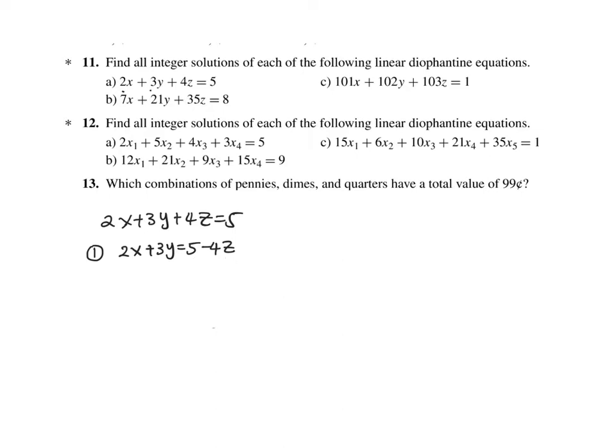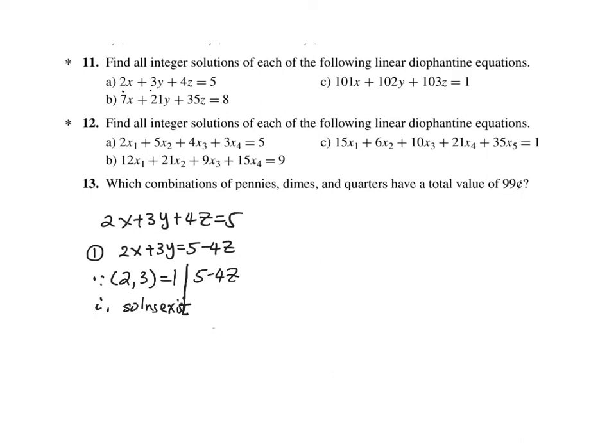You can see the reason right now. Because the greatest common divisor of 2 and 3 is 1, which obviously divides any integer, it must divide the right hand side 5 minus 4z, which means solutions exist. There are infinitely many solutions in this case.